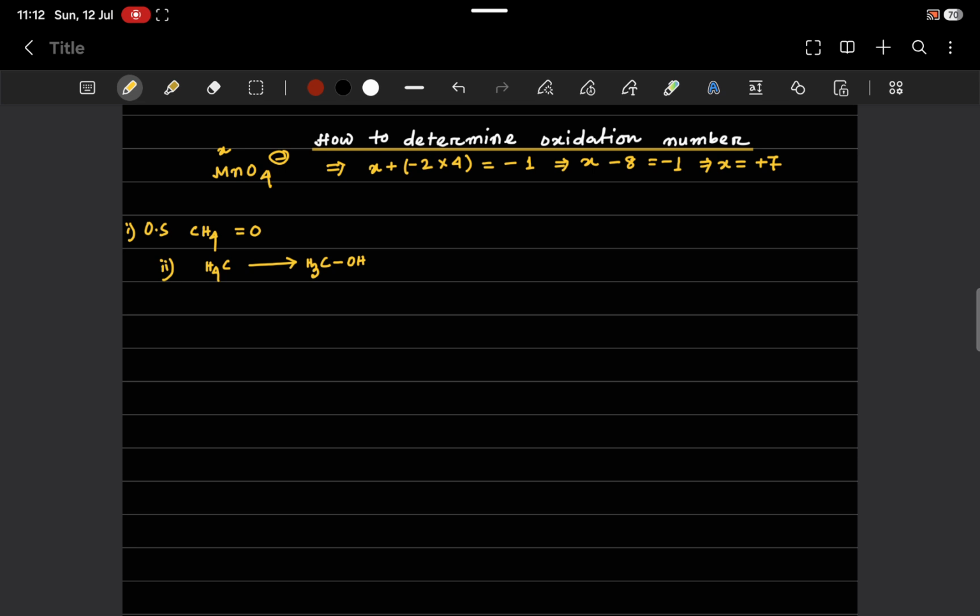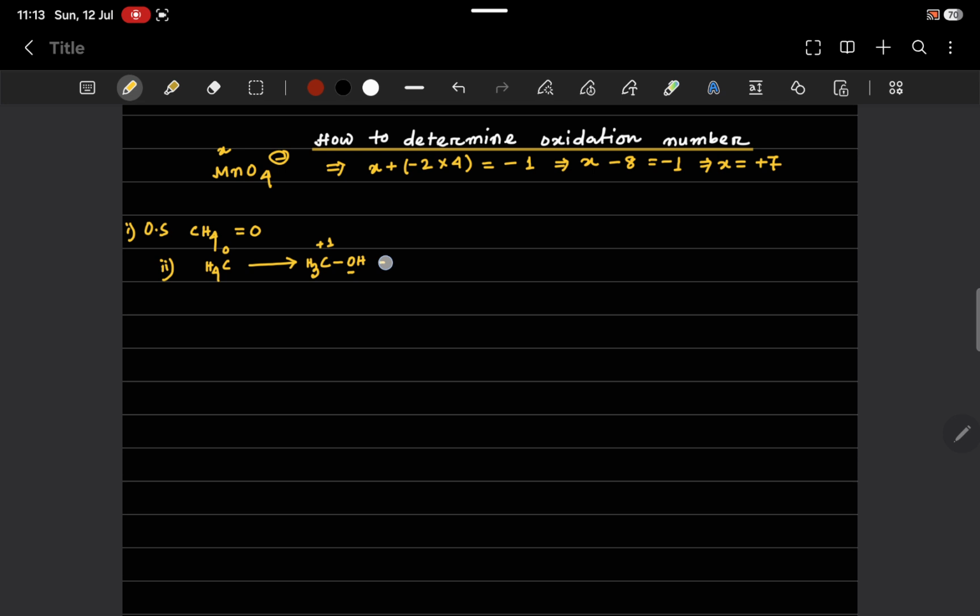The rule says that if you incorporate one heteroatom, then the oxidation number is increased by a factor of 1. So here the oxidation state over carbon was 0, and now it has become +1.